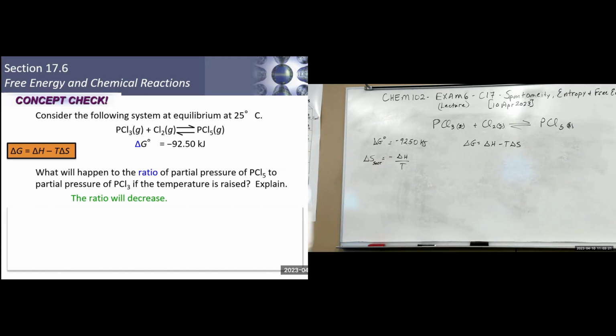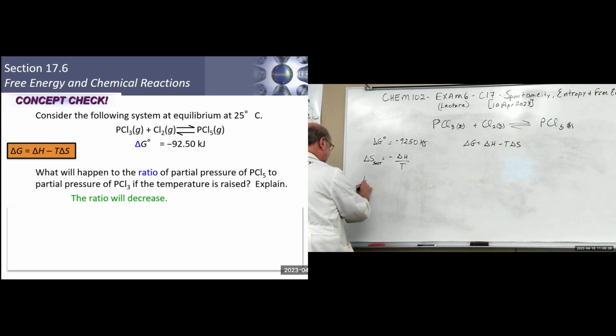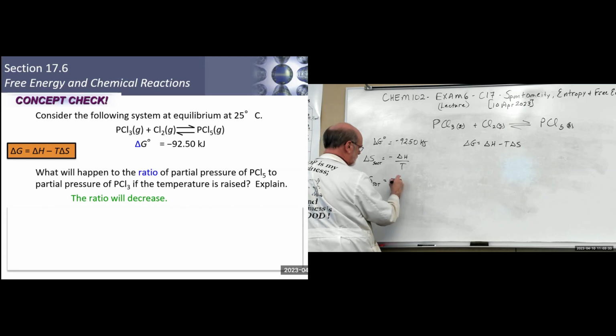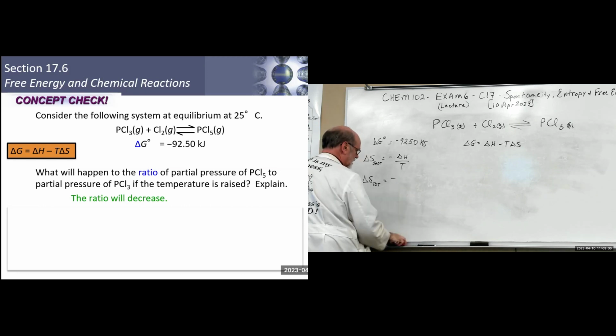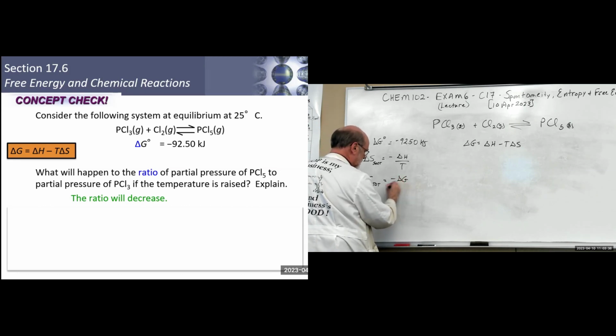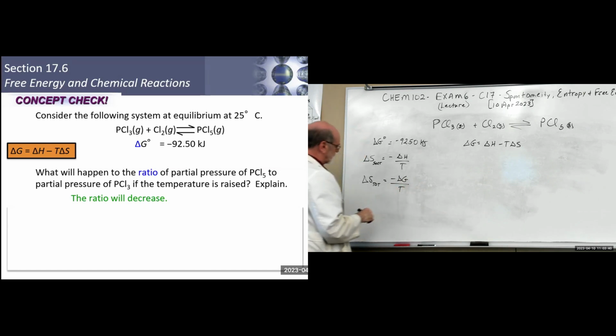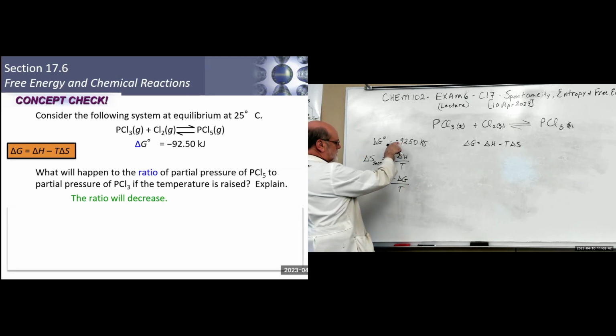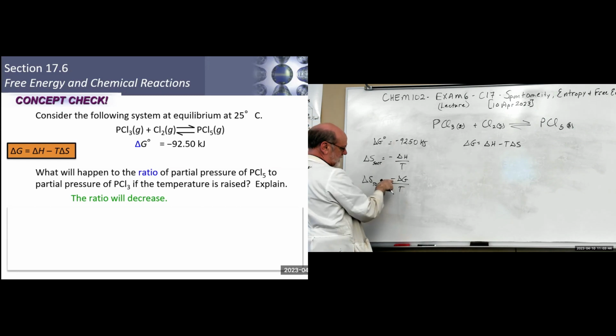Oh, delta S total is negative delta G over T. So we know that this one is negative, and a negative times a negative is positive.